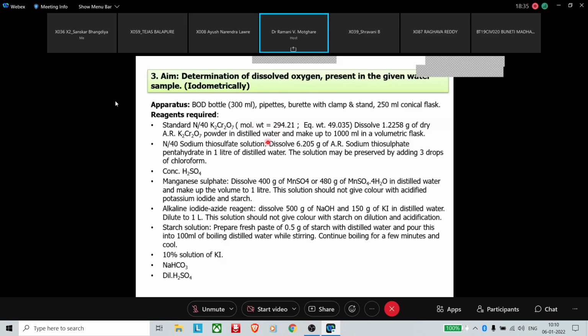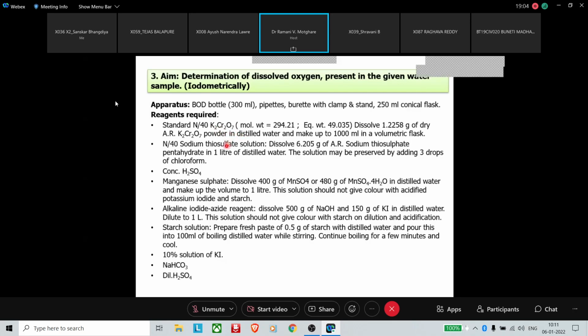So molecular weight divided by 6 becomes your change in valency when it goes from this is the reduced, this is the oxidized form. You get the reduced form K2Cr2O7. Okay.